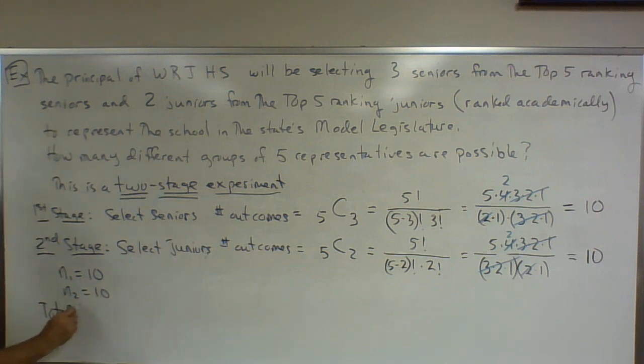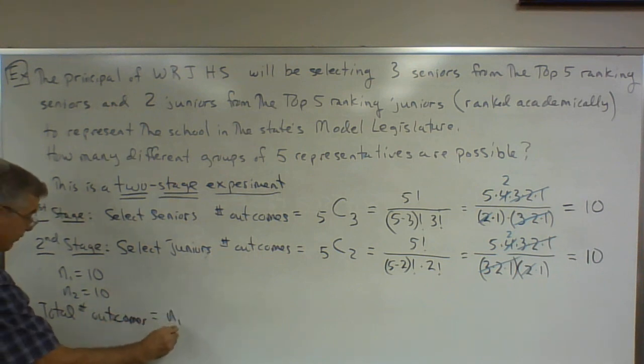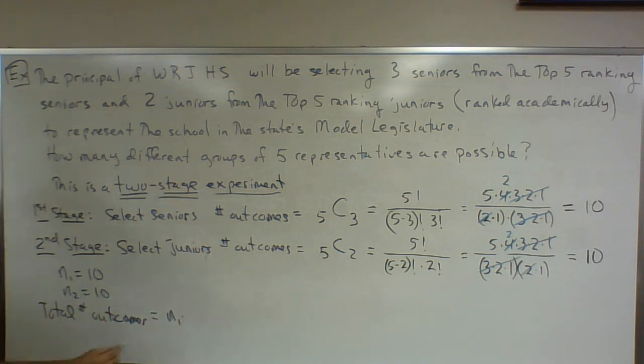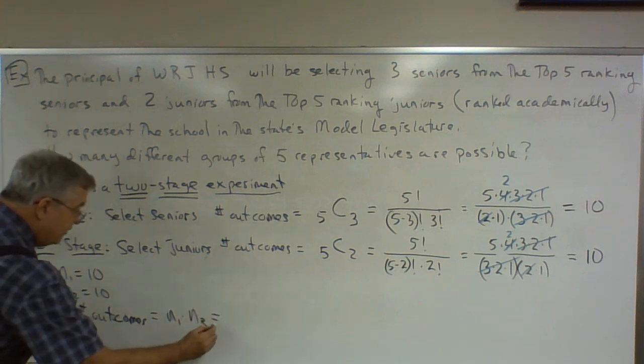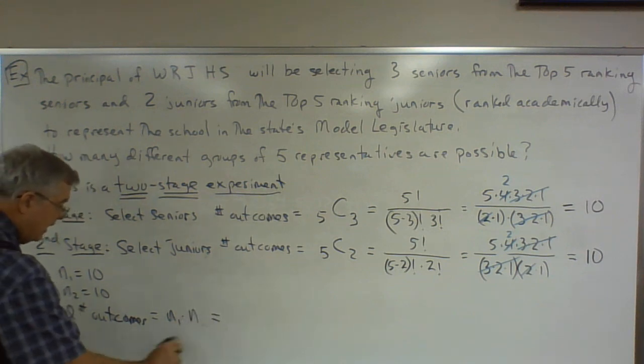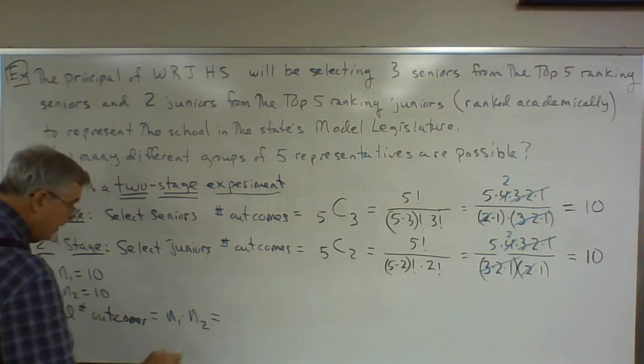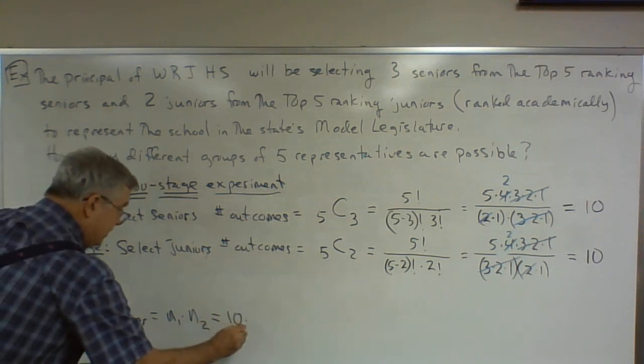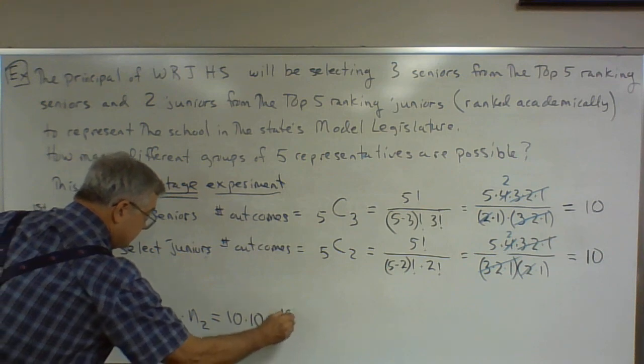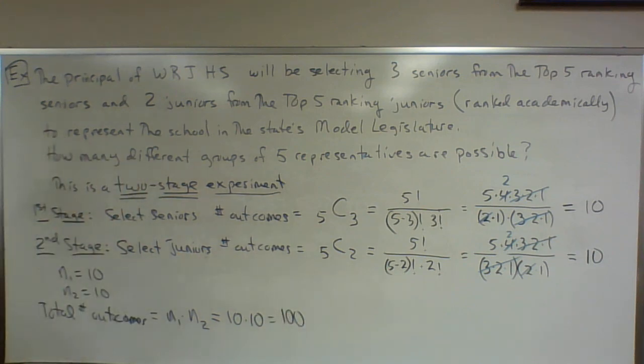Total number of outcomes is the number of outcomes of the first stage times the number of outcomes of the second stage. That's our counting rule. And that's just going to be 10 times 10, which is 100. 100 possible groups of 5 representatives are possible when chosen this way.